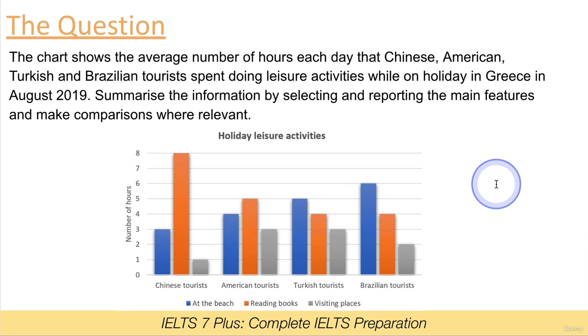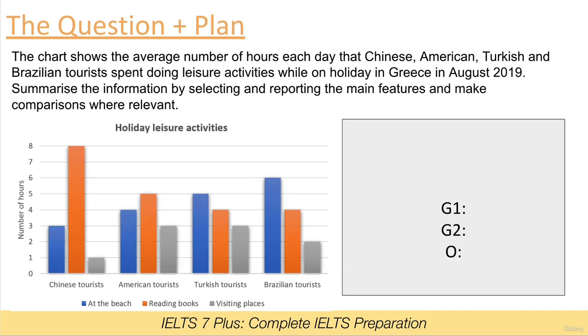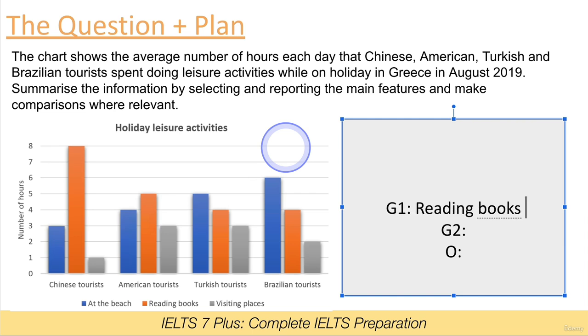So first observations then. Wow, reading books for Chinese tourists and also American tourists seem to be the most popular activity. And then for Turkish and Brazilian tourists, at the beach seems to be. So I think I'll group these together. So we have reading books, and then in brackets, Chinese and American. And we'll do our capitals.